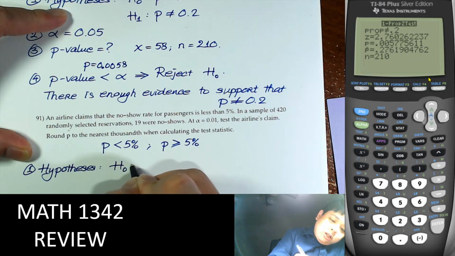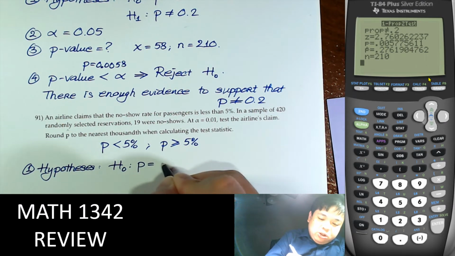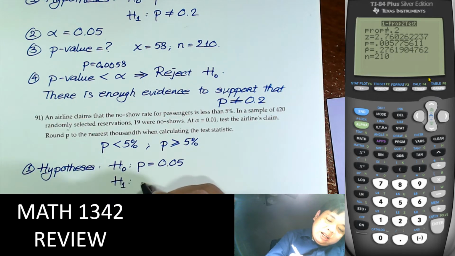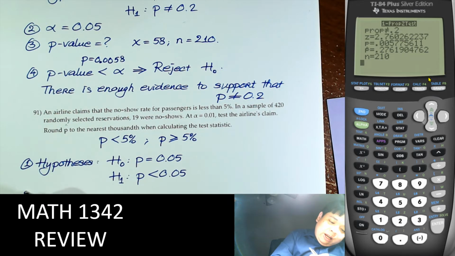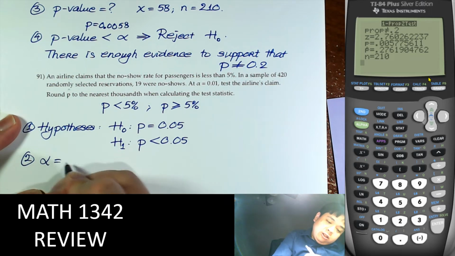The null hypothesis will be equal to. Instead of greater than or equal to, we just write equal to. And the alternative will be less than that. And in this problem, we use alpha 0.01.